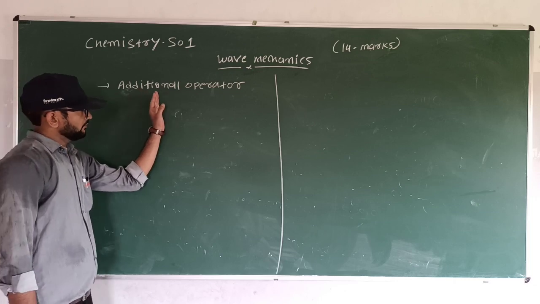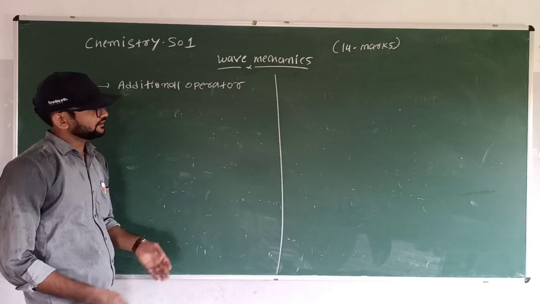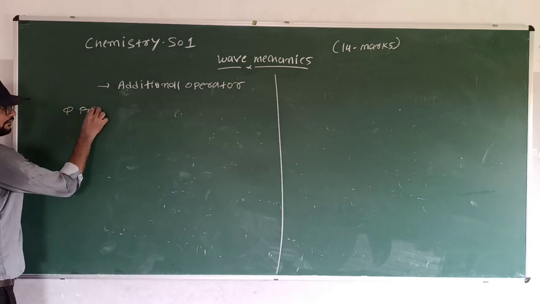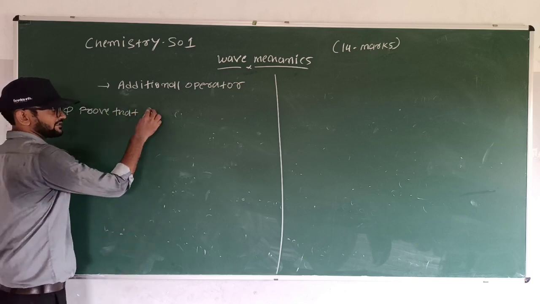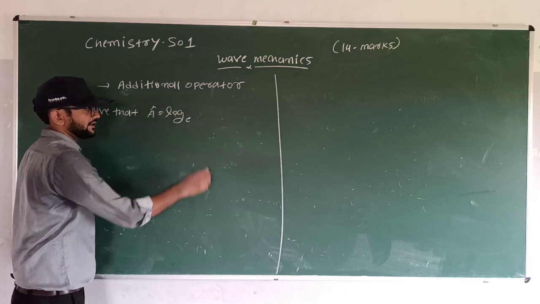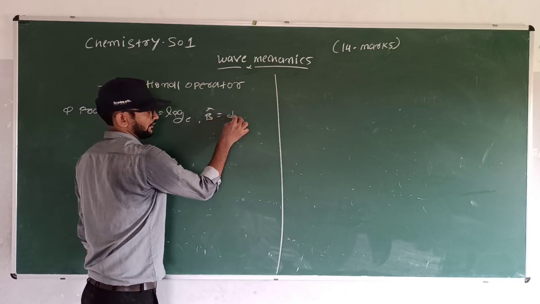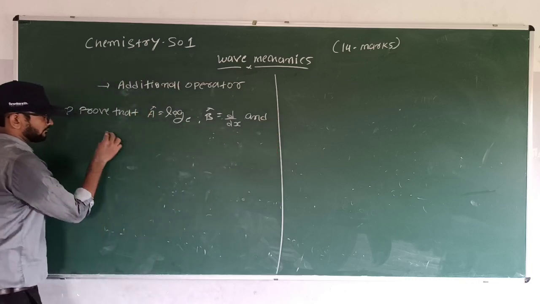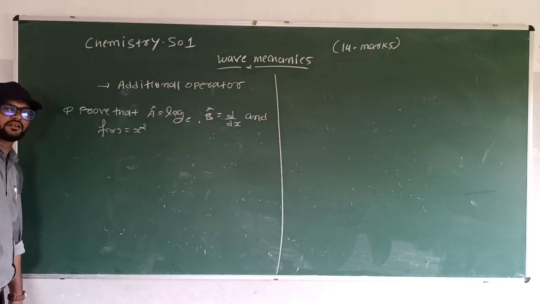For detailed knowledge of additional operators, we take some examples. The question is: prove that A cap is equal to log base e, B cap is equal to d/dx, and the function f(x) is equal to x squared.